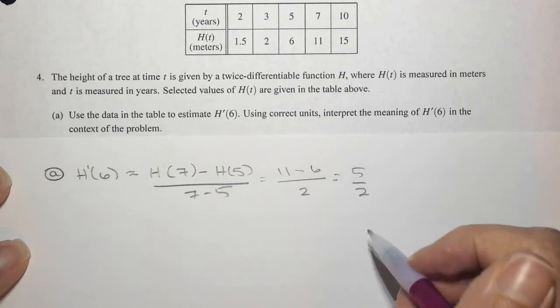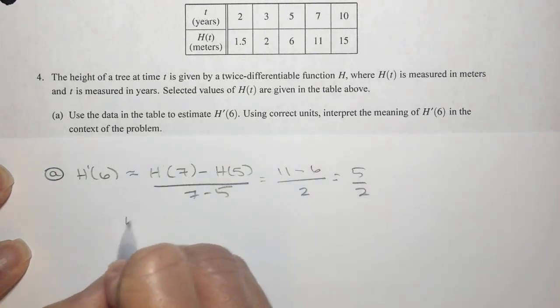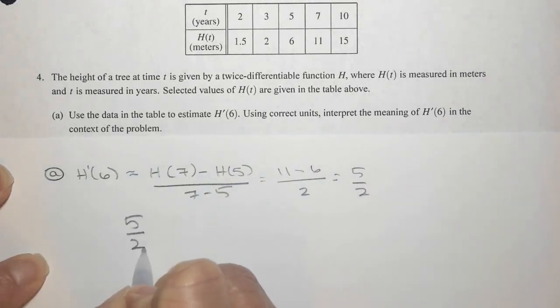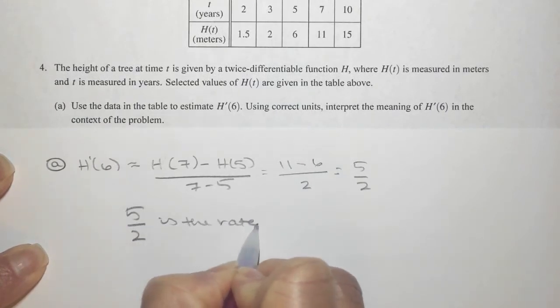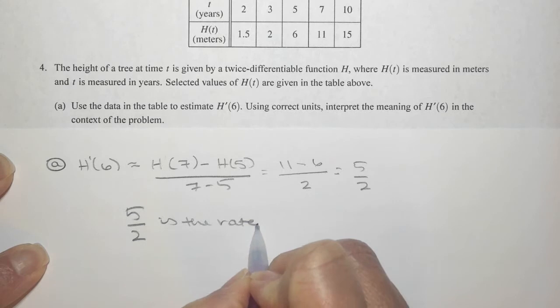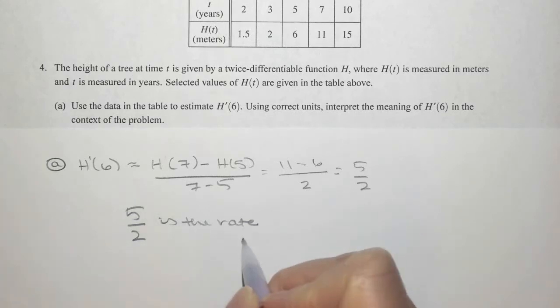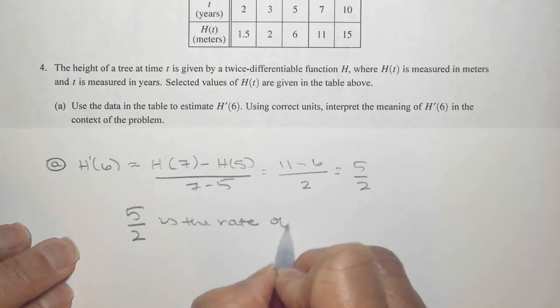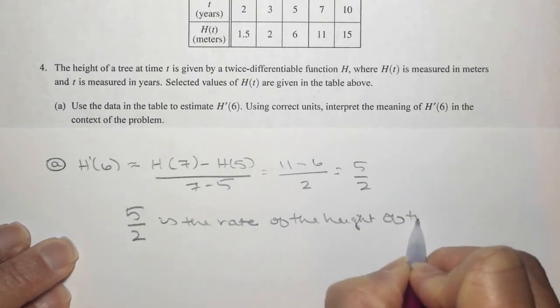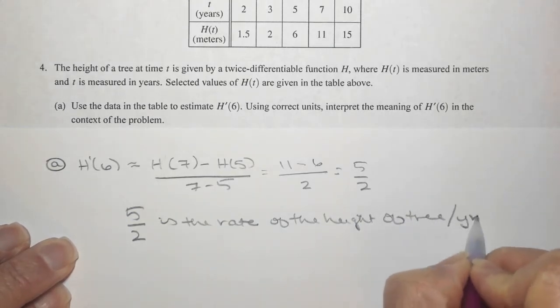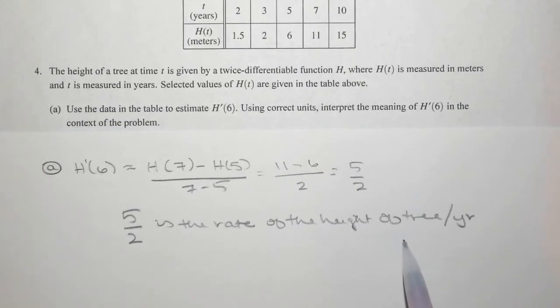Okay, so in this case, 5 over 2, or 5 halves, or 2.5, is the rate of the height of the tree per year. So it's the height per year, and that is represented by the slope.